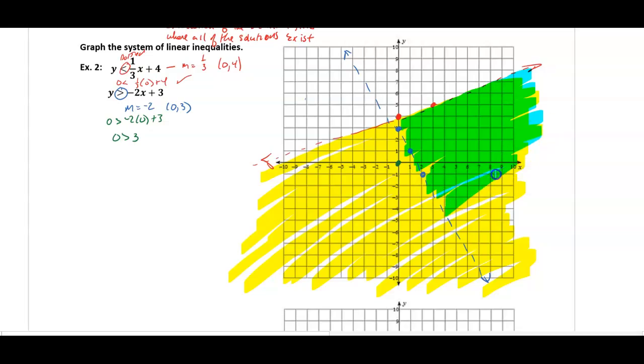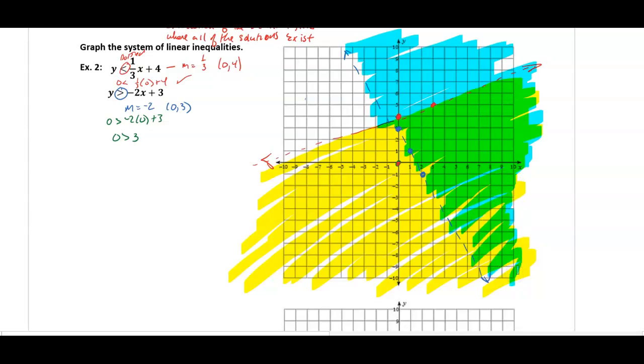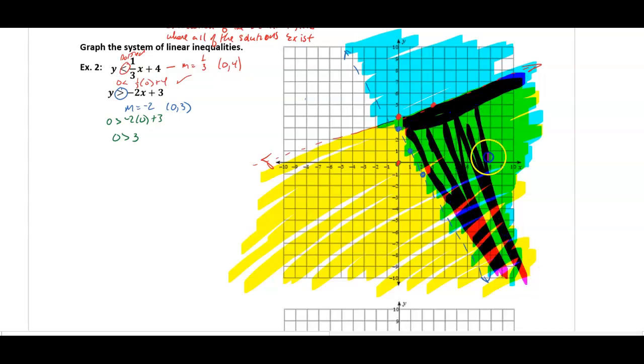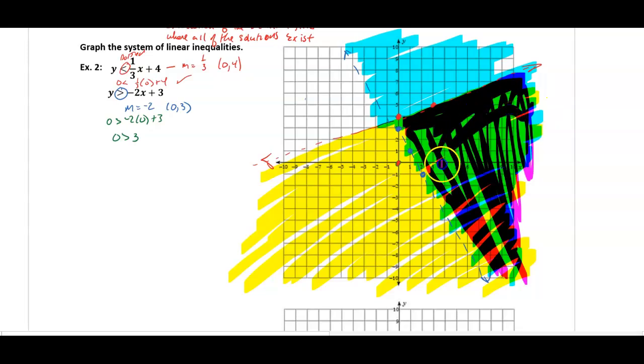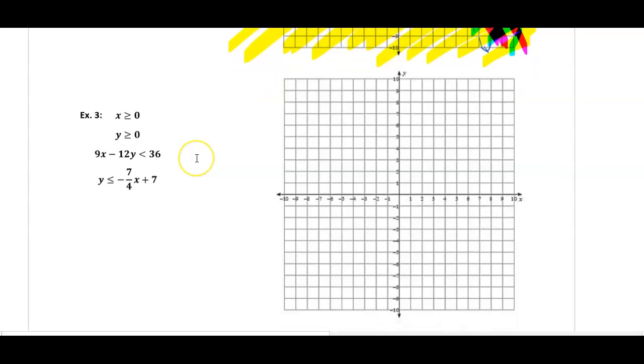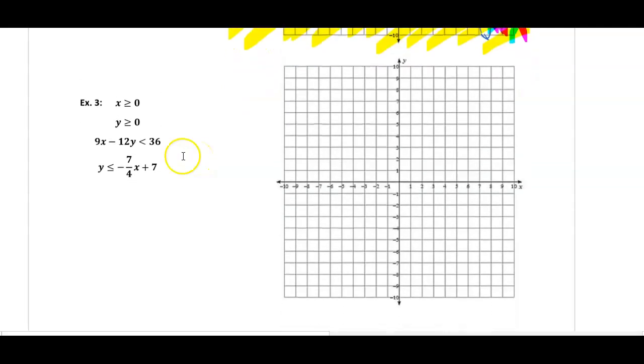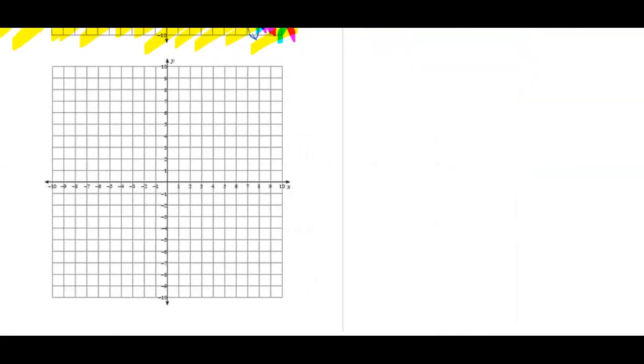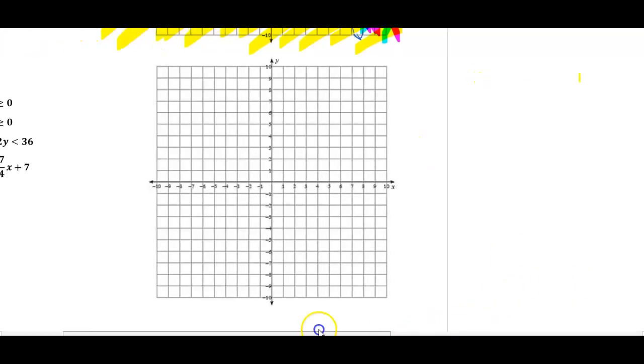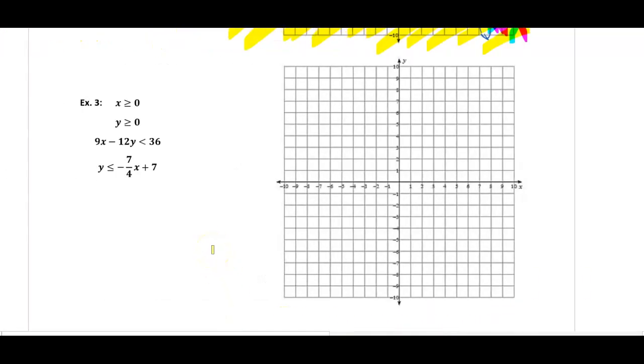Where do you see the yellow and the blue intersect? The feasible region is this area right here. That's where the shaded regions intersect. Okay? And the last one. x greater than or equal to 0. So this boundary line is probably the easiest to graph. x greater than or equal to 0.